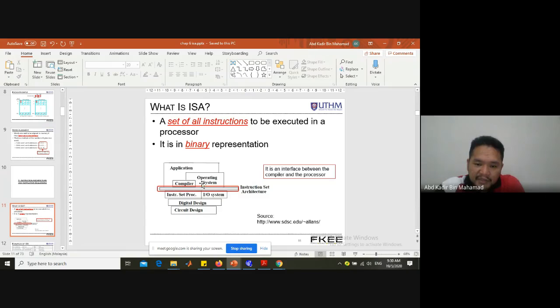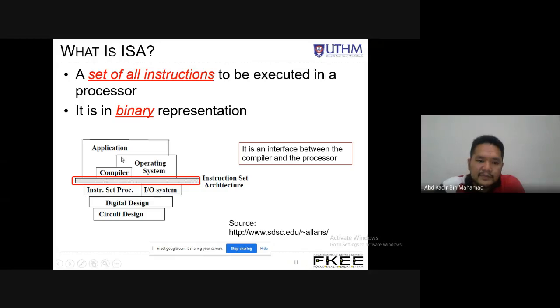Instruction set architecture is right here. Then the application, operating system, and compiler are at the top.